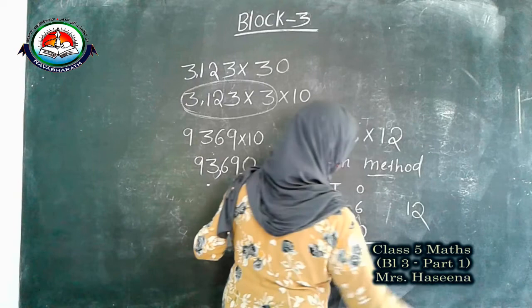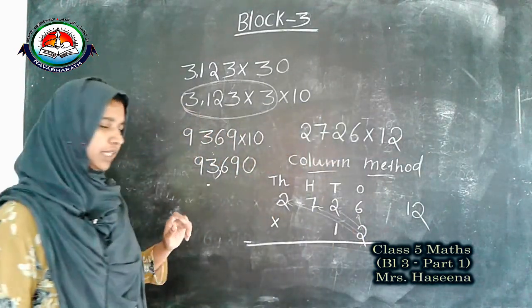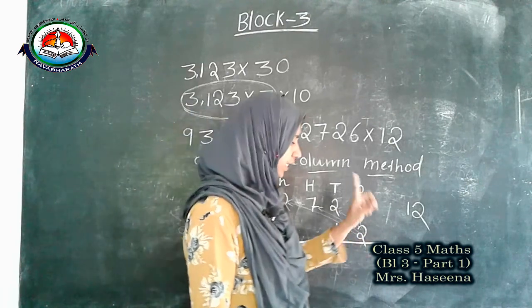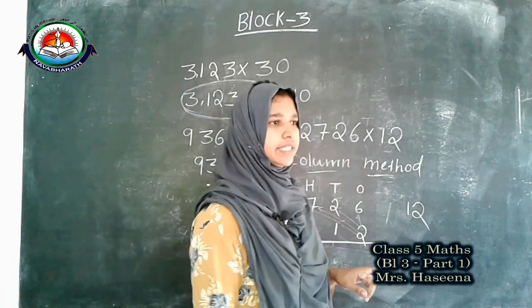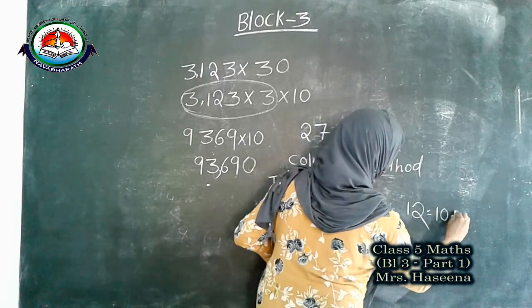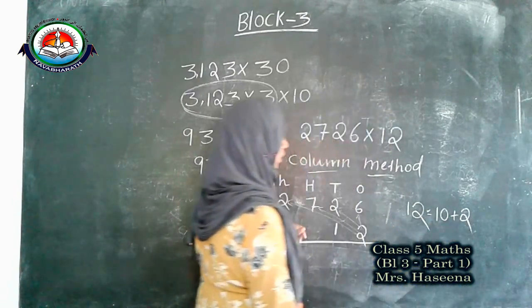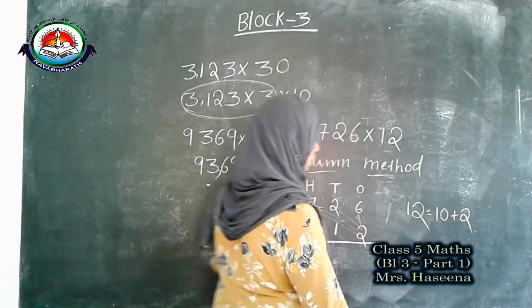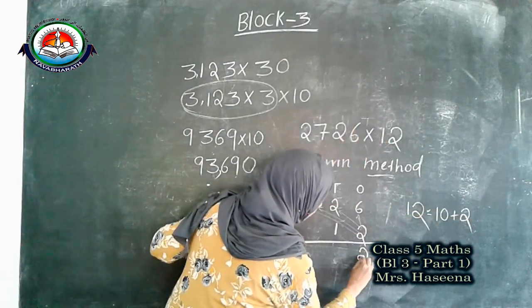How many digits are there in 12? 2 digits. We know here we can write only one digit. So what do we get? 12 means 10 plus 2. So the ones place digit is 2, so here we can write 2.